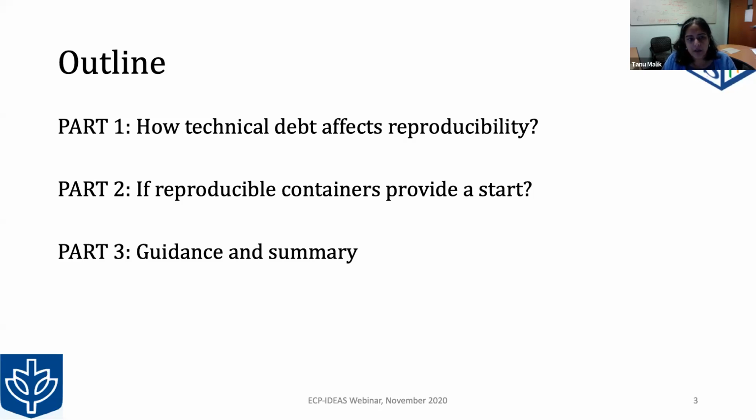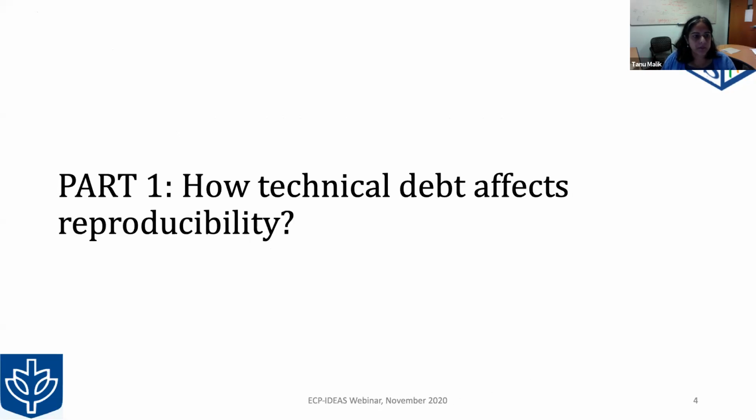And in the second part of the talk, I'll be exploring this concept of reproducible containers and whether they provide a mechanism for formally addressing the enormous problem. And finally, guidance and summary. So part one, how technical debt affects reproducibility.